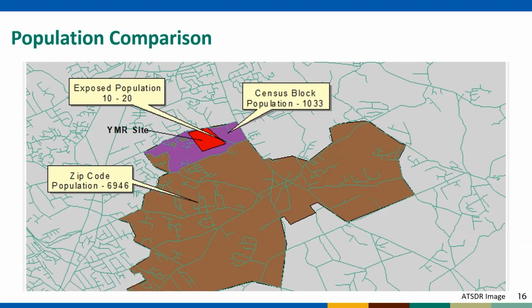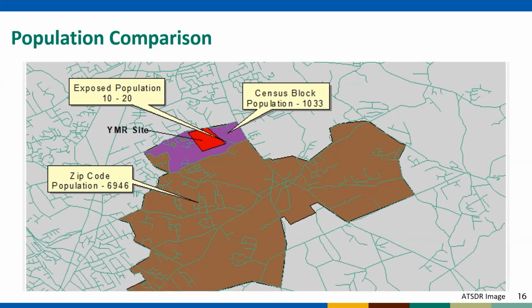Therefore, it would be very difficult to detect any increase in a health outcome in the 20 or so exposed persons from this site. And this disparity between the small exposed population and the census block, or the even larger zip code, makes it difficult to show a statistically significant difference between the exposed and the non-exposed populations.